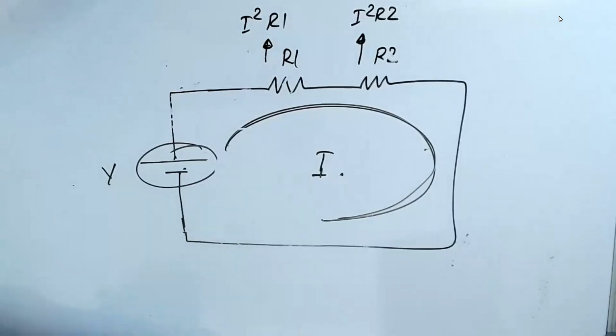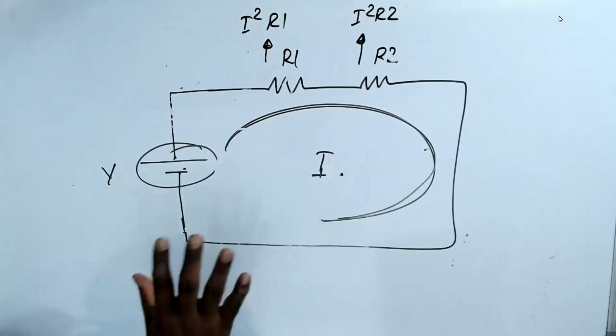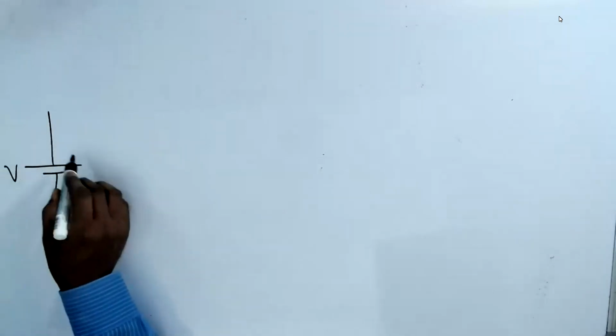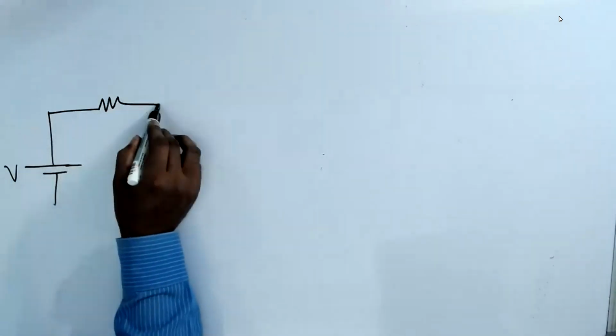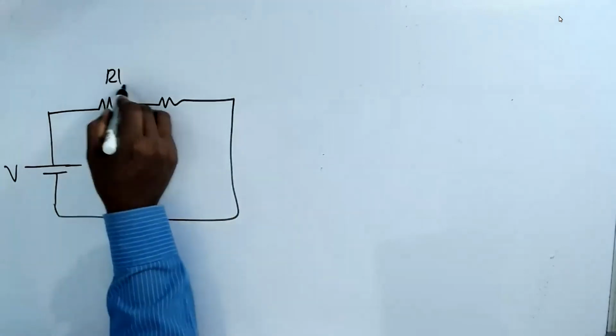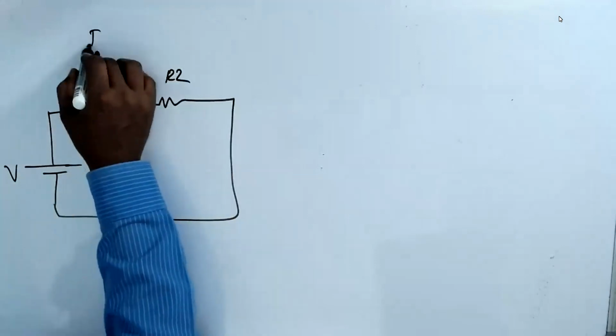Now, let us do the same thing here. So this is clear now. I draw it here in such a way that I can draw one more circuit there. You'll understand. I have a voltage source and resistors. This is R1. This is R2. The power produced by this is I square R1.